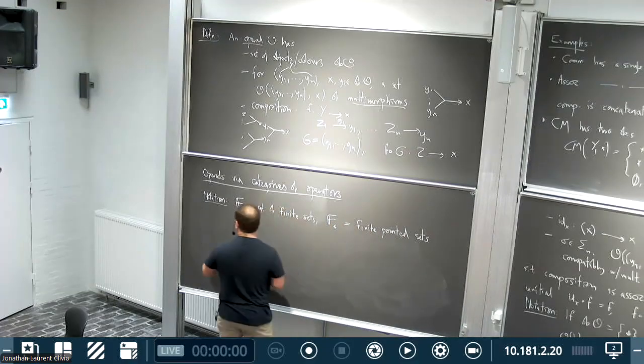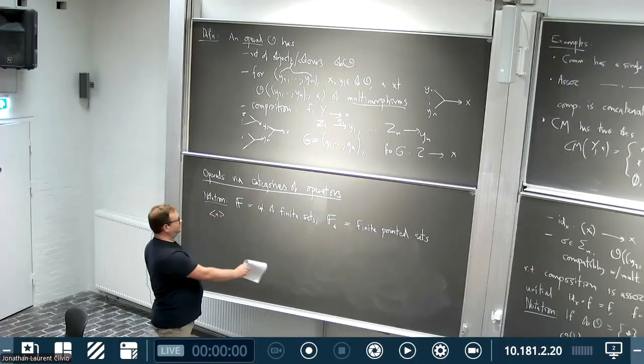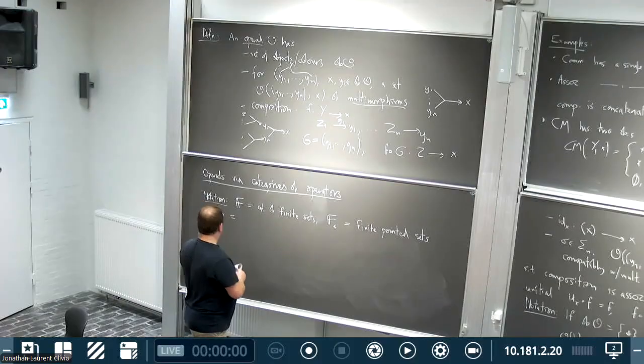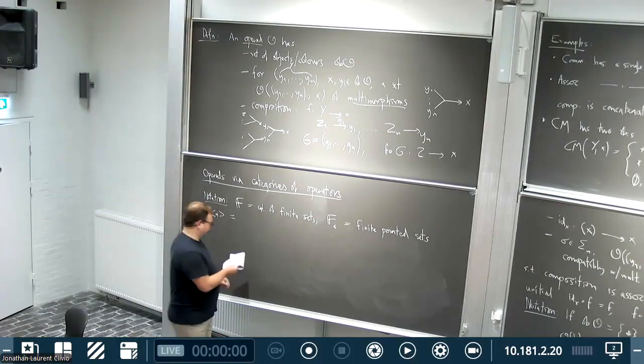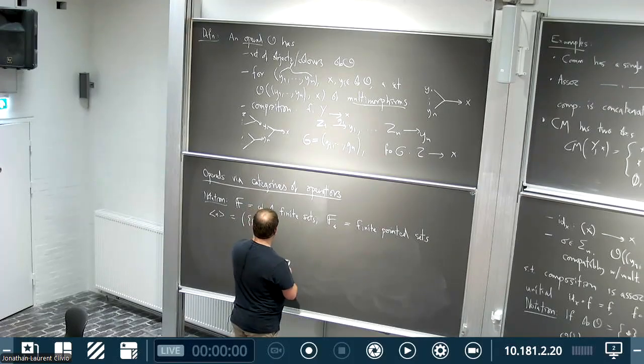Within that, sometimes it's useful to simplify the notation to pick representatives for the isomorphism classes of objects. I'll use this angle bracket n notation to mean the set 0, 1, ..., n, where 0 is the base point.